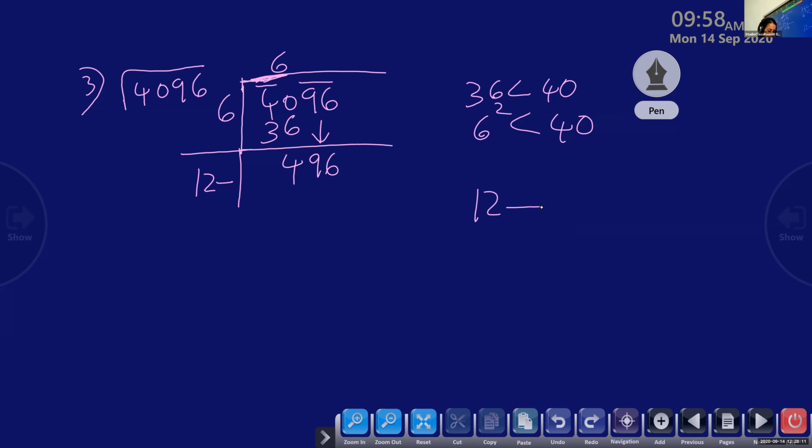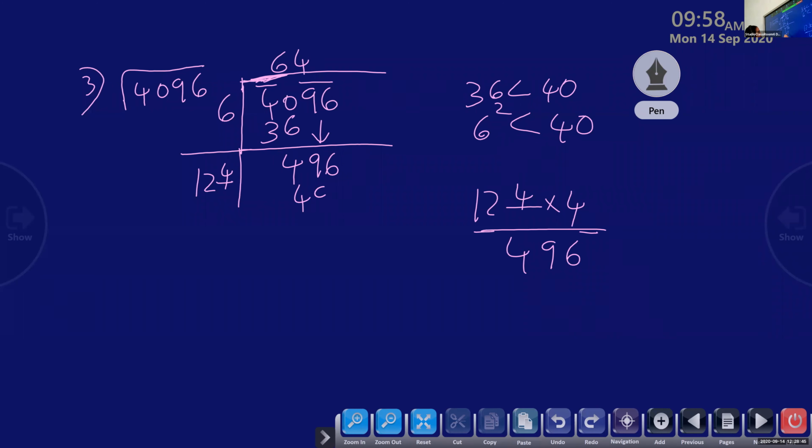Find. 4. 124 into 4 gives 496. Correct. So we will write 4 here, quotient also 4.